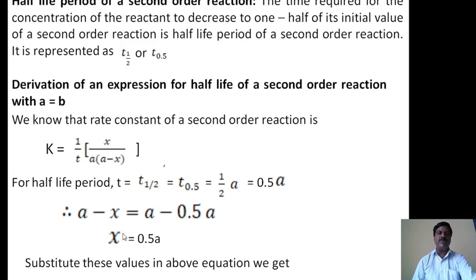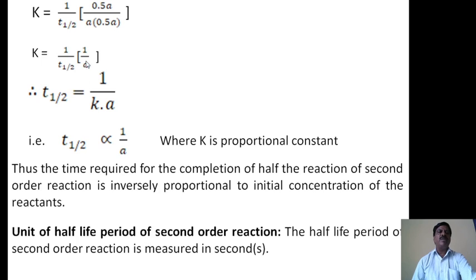After calculating x is equal to 0.5 a, we substitute these values in this equation. k is equal to 1 divided by t half into 0.5 a divided by a into 0.5 a.